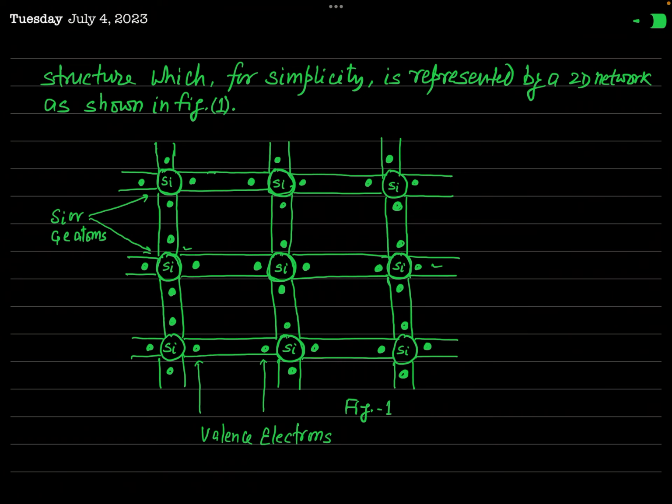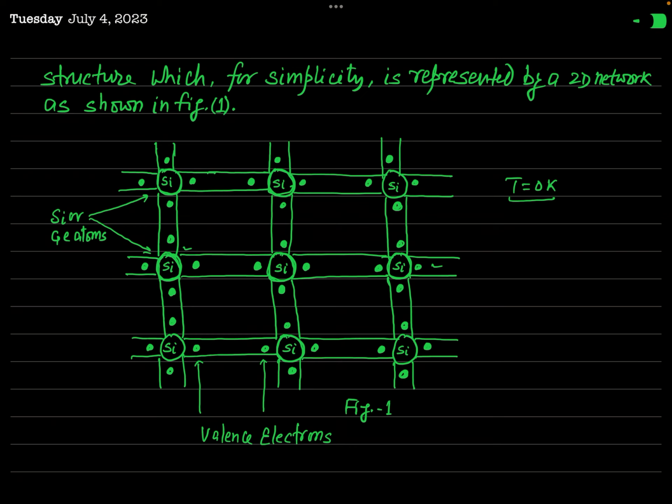The small spheres represent the valence electrons, and inside the larger sphere we have represented the silicon or germanium atom. Now this structure is at a temperature of 0 Kelvin. When the temperature is 0 Kelvin, the bonding in the silicon or germanium crystal is as you can see in this figure.